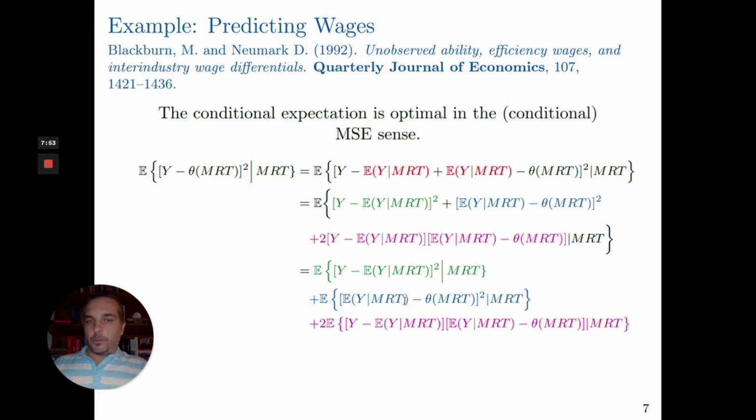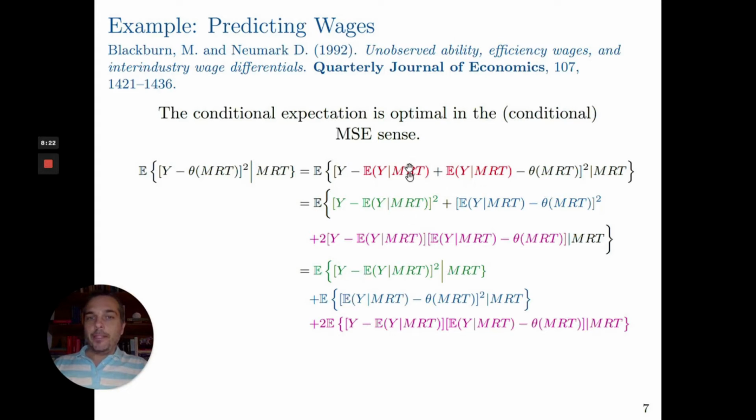And one tricky part is that you're going to see that if by any chance you do not add or subtract the conditional expectation, if for instance you add or subtract any other function, these 2 terms will be cancelled, making theta equal to that function, but that term here will be greater than this one.